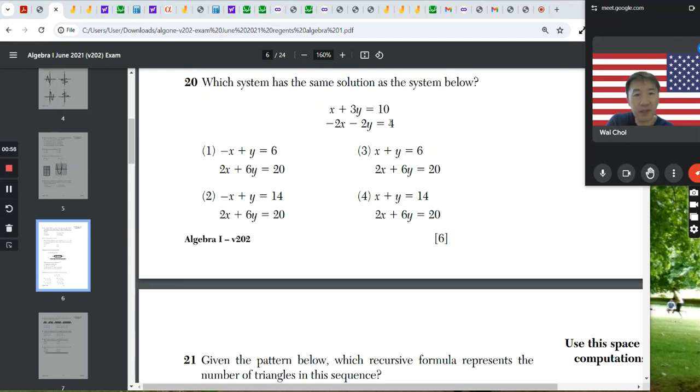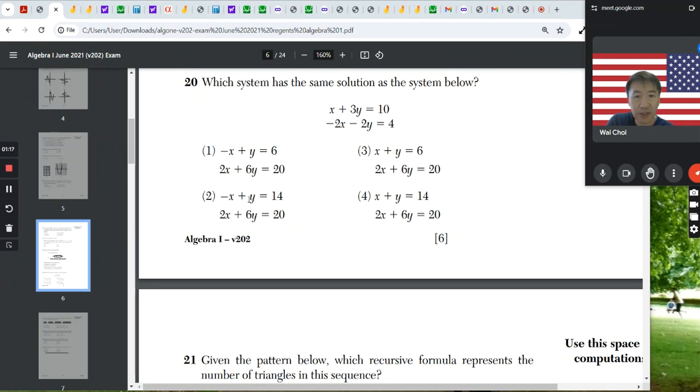Now, how about the next one? See if we can multiply that by a constant and see if it's the same as the other equation. In this particular question, it doesn't happen. So this one is not a multiple of this.